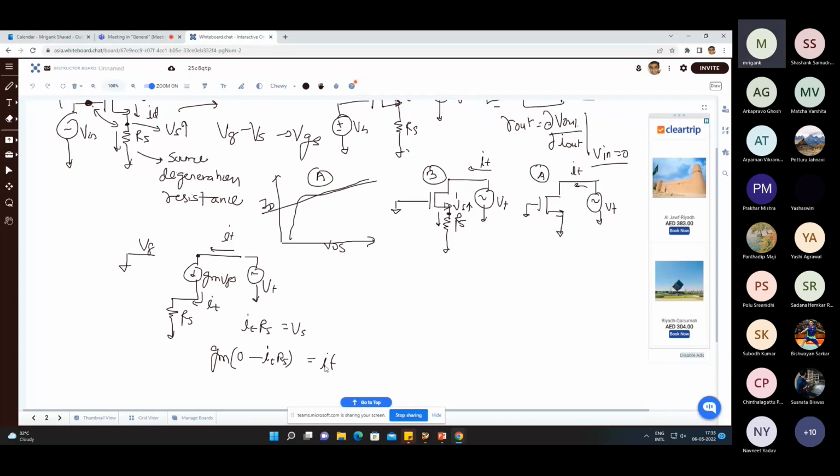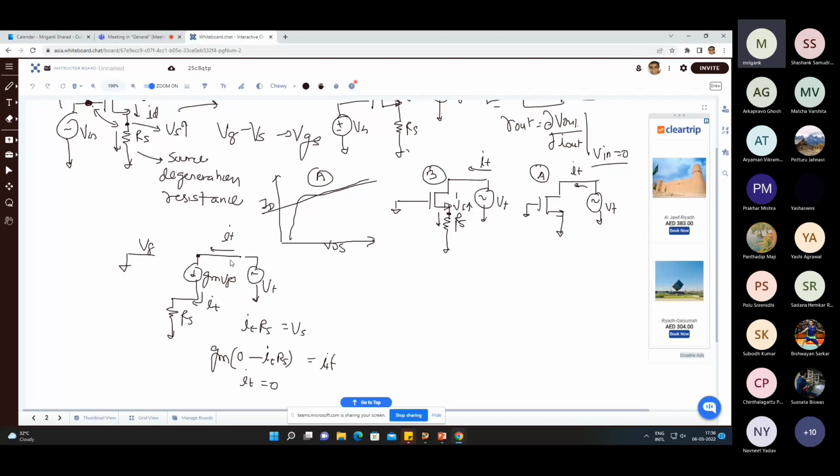So this is valid only when IT equals 0, right? Because here GM IT RS is equal to IT, which is not a valid equation. So that is going to be satisfied only if IT equals 0. That means if you ignore channel length modulation, you will get the solution only for IT equal to 0, so there will be no change in the small signal current.